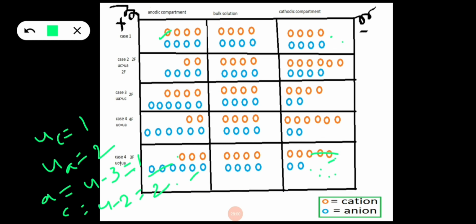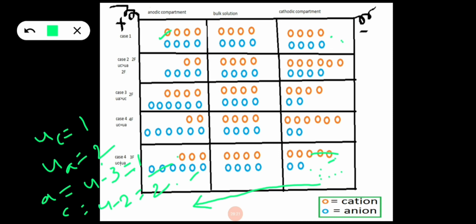And we know that anion speed is more, and anions will move out of the cathodic compartment and come towards the anode. So as the anionic speed is more, there is more decrease in the concentration of the cathodic compartment.